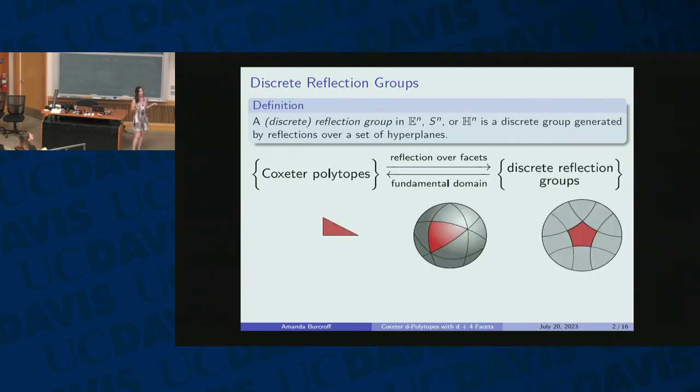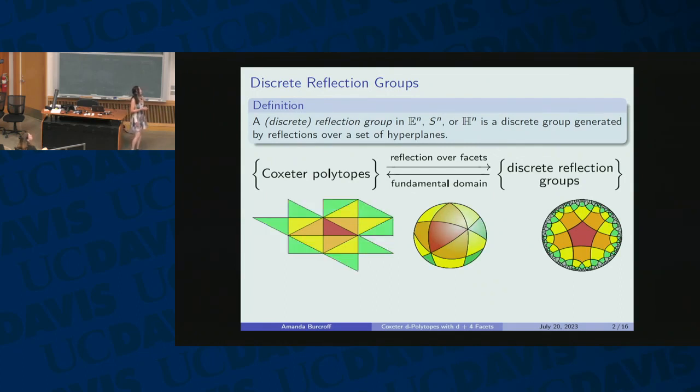Going back to our examples here, if we take our polytopes and we reflect them over their facets, and keep doing this again and again ad infinitum, we will eventually get a tiling of the space. This tiling has some nice properties. It will cut out all of the hyperplanes that are in the discrete reflection group, and each tile will be your original Coxeter polytope.